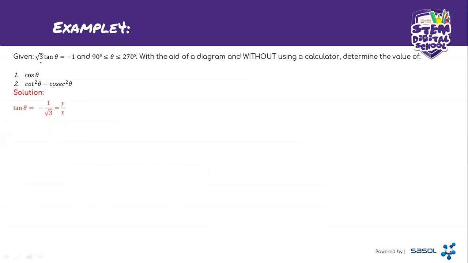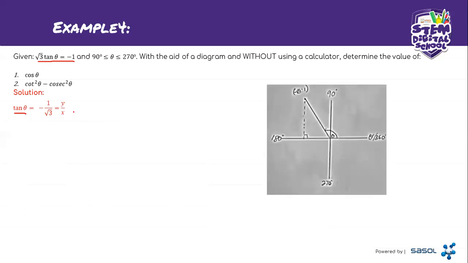Now, first we need to rewrite this and make tan theta the subject of the formula. So this is what we did. That is going to be tan theta equals -1 over square root of 3, which is y over x, right? Then now we can draw the terminal arm. The terminal arm is on the second quadrant, but why?